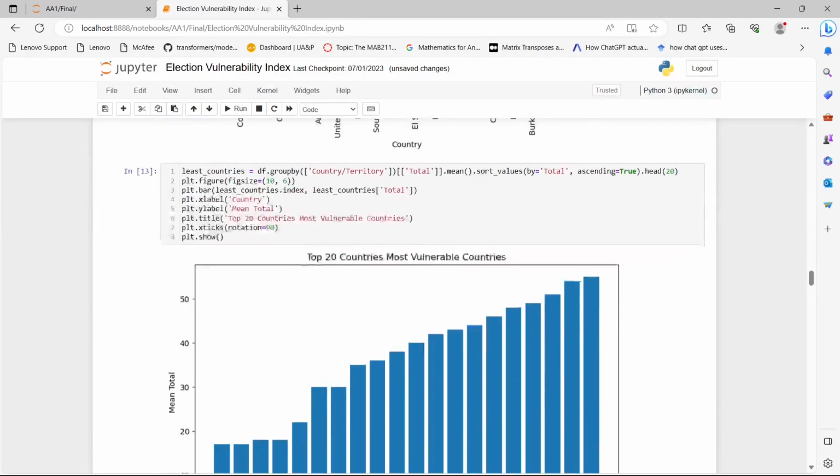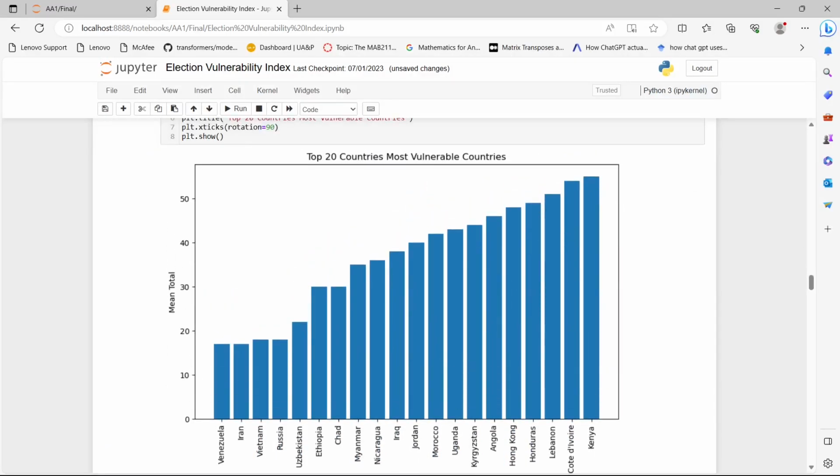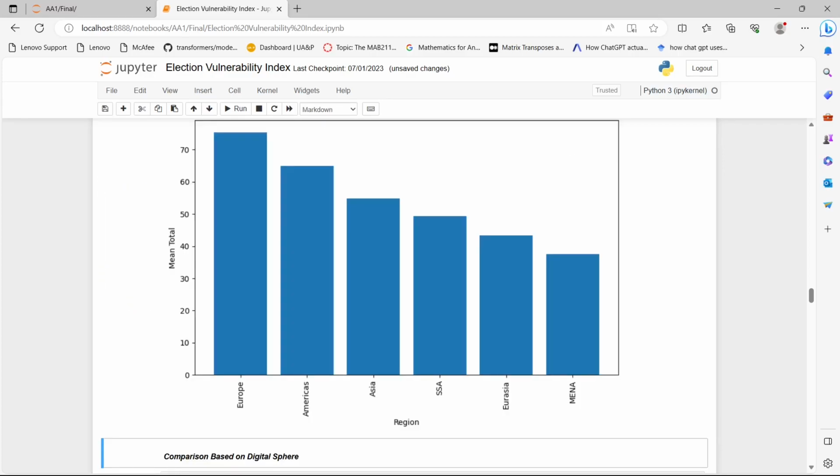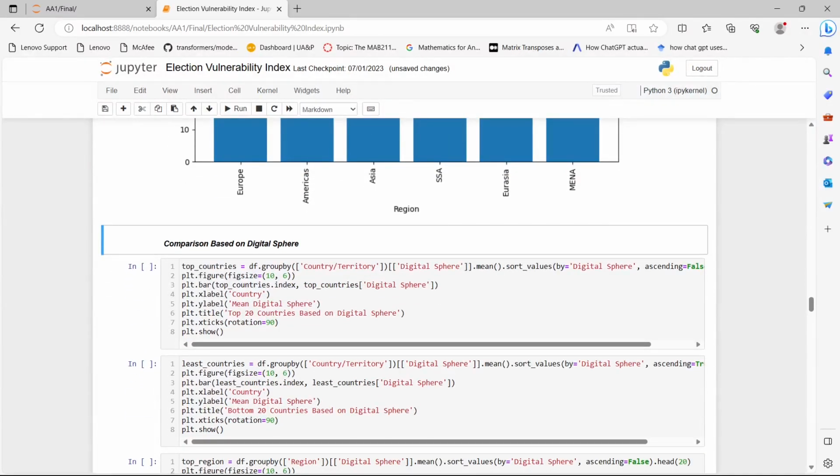And the second part is the top 20 countries which are most vulnerable to election related crimes or incidents. With respect to the region, we have Europe, and MENA is the most vulnerable. Europe is not.